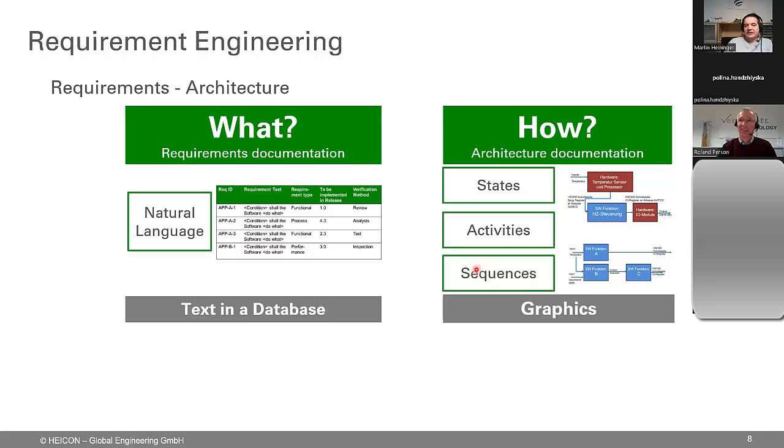I mention it here to illustrate that there is no black and white with this respect. With respect to these UML diagrams mentioned here, mainly they can be both. It depends a bit on the project, and is actually outside of the webinar. What I want to show here is mainly the what in text and the how in graphics.